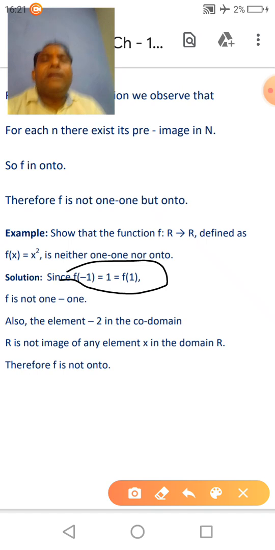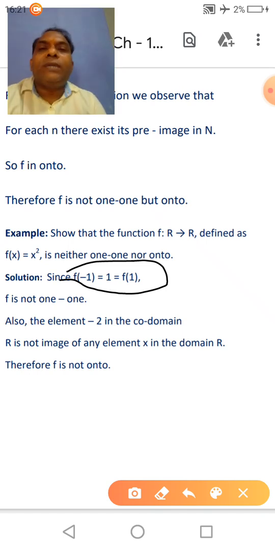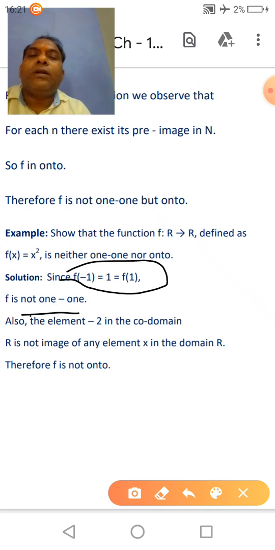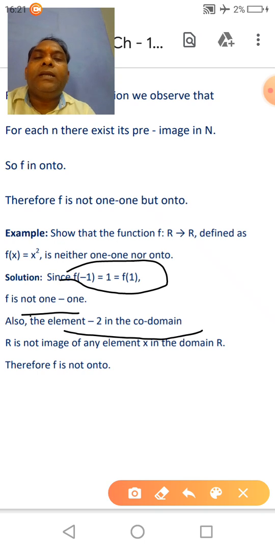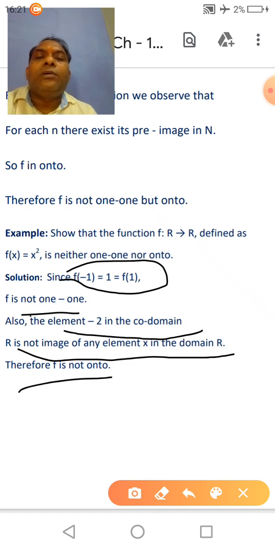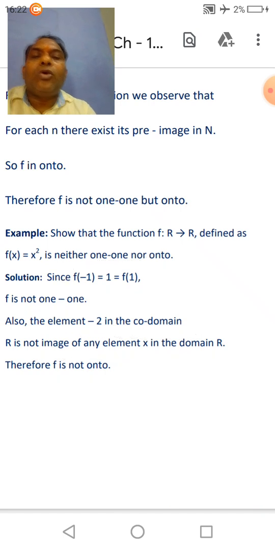Or we can say that f(x1) equal to f(x2) does not give x1 equal to x2. So f is not 1-1. Clear? Also the element minus 2 in the codomain R is not image of any element x in the domain R, therefore f is not onto. Clear? So given function is neither 1-1 nor onto.